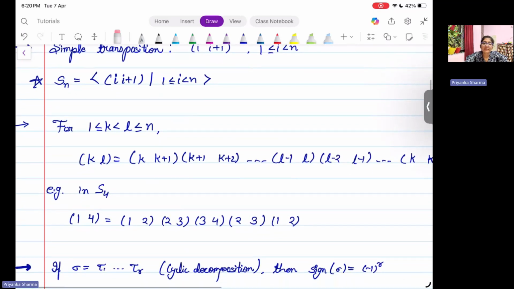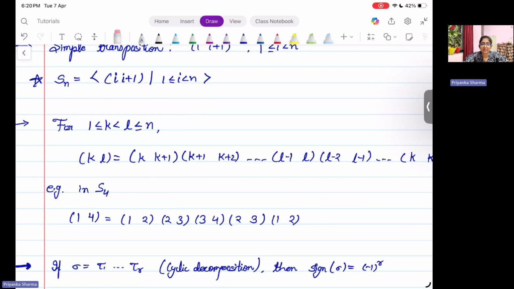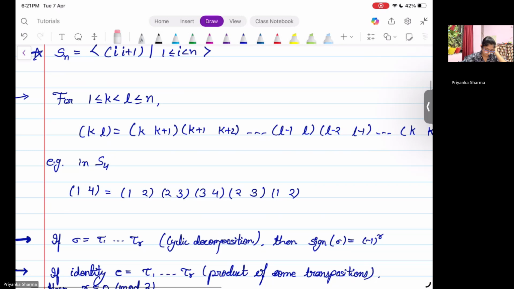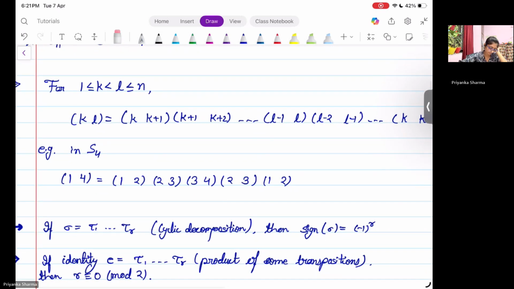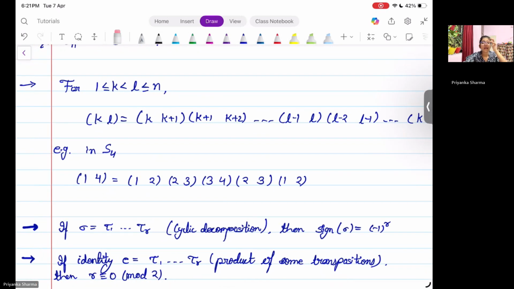And any given symmetric group Sn can be generated by simple transpositions. So if we have all the simple transpositions, then we can generate the symmetric group Sn.